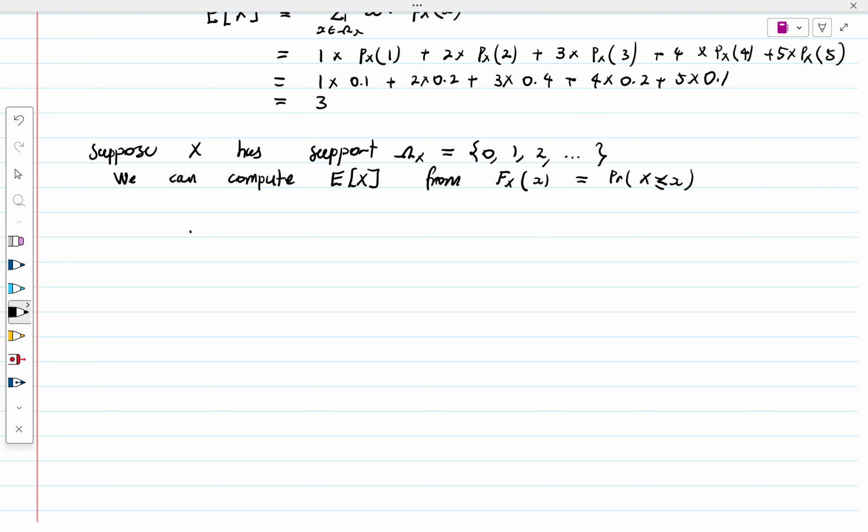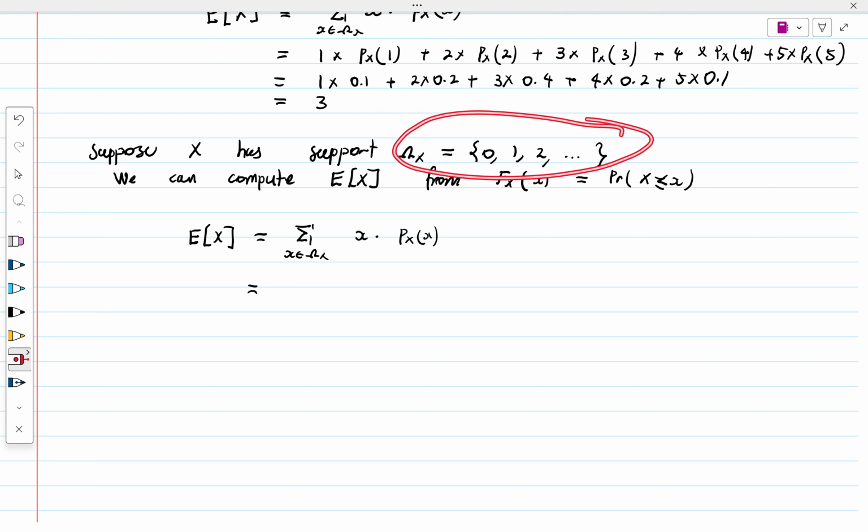So, firstly, looking at the original definition that we came up with for the expected value of X, this is equal to the sum of x across the support of X times p_X(x). I've already suggested that the support here is from 0 to infinity, so I can substitute that in the summation immediately: the sum from x equals 0 to infinity of x times p_X(x).